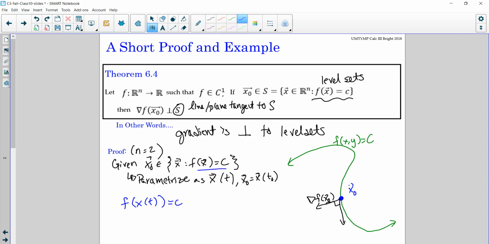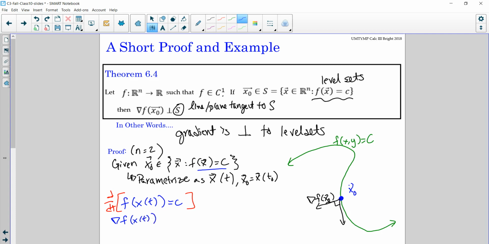Okay, and then if we differentiate both sides, so I'm going to take a time derivative with respect to each side, d dt, and I end up with f prime, which I can also represent as the gradient of f of x of t.